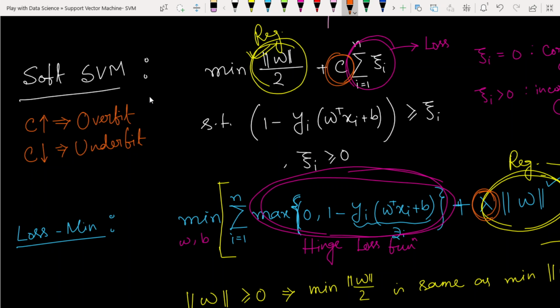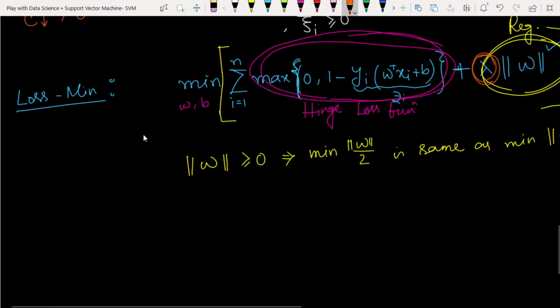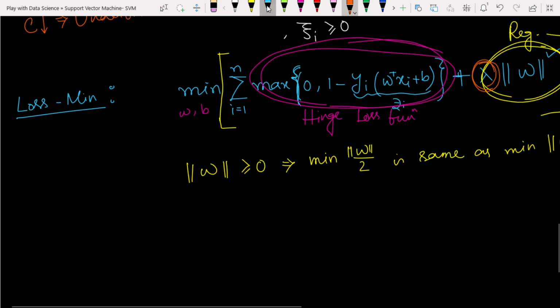Okay, so in soft margin we have seen these relations. Now coming to the loss minimization perspective, if we increase the value of lambda, then we are giving more priority to our weight vector, that is the regularizer term. If we give more priority to the regularizer term, as we have seen in logistic regression, our model is going to underfit.